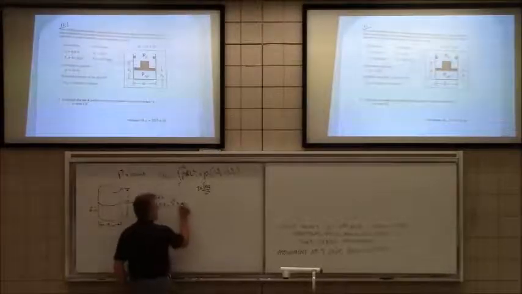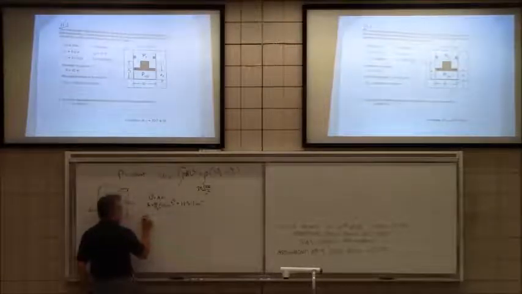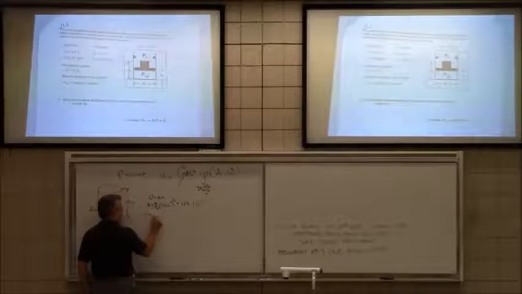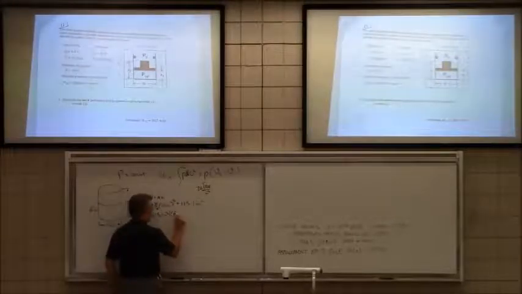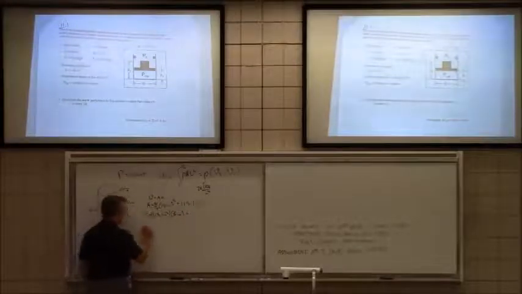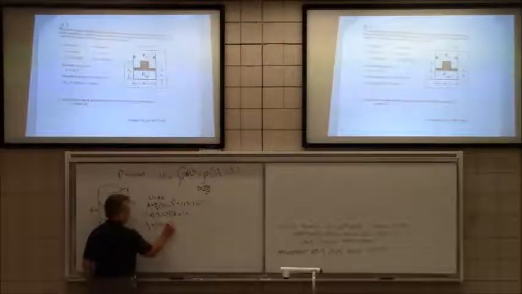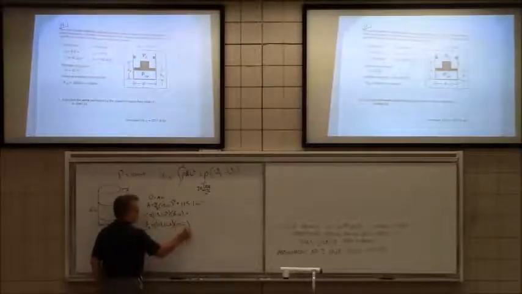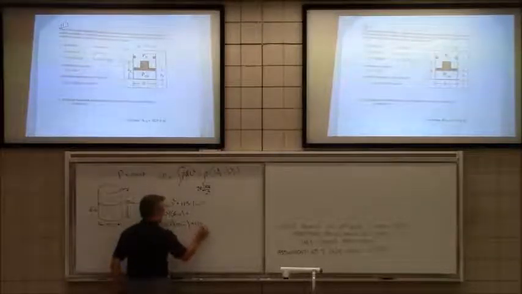Okay. So this is 113.1 inches squared. So what's my initial volume? It's going to be 113.1 inches squared times 6 inches. And my final volume is going to be 113.1 inches squared times 10 inches. So this is going to be 1131 inches cubed.